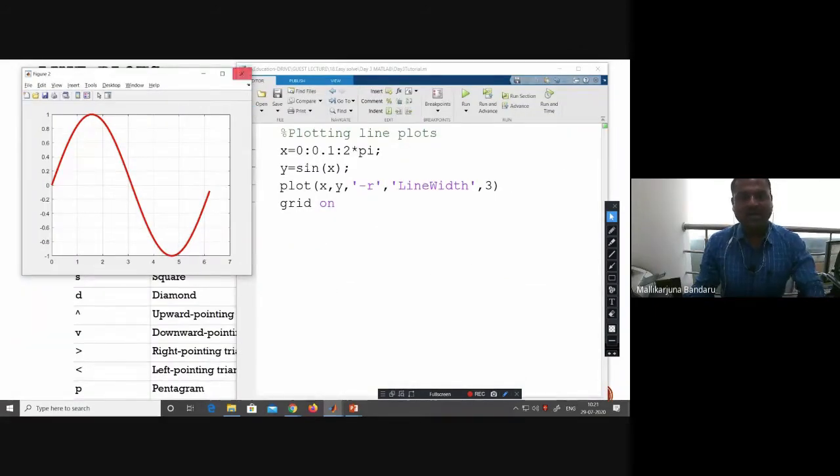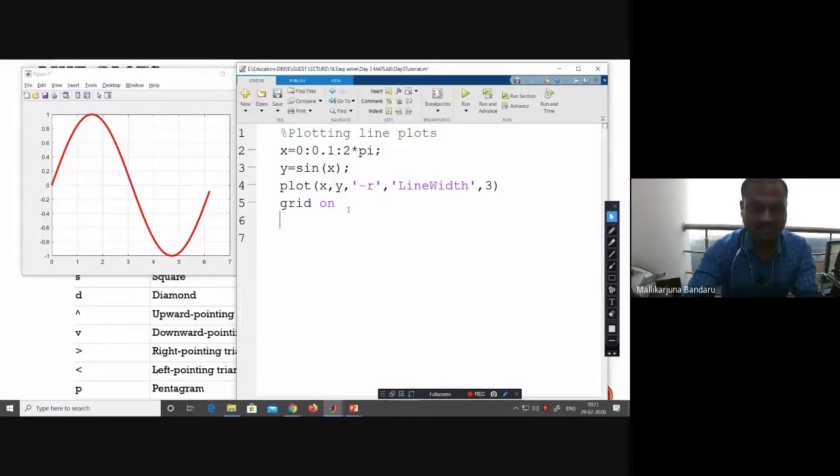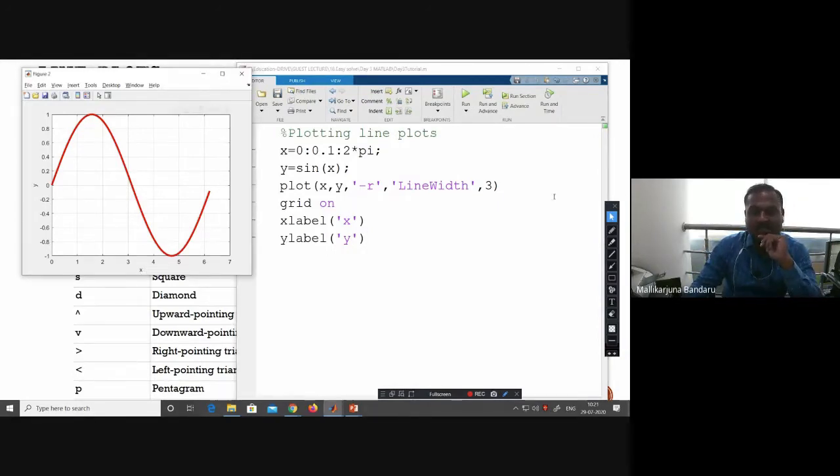Okay, so this is next. Suppose I would like to make the x label. The syntax is x label, simply the x-axis itself, and y label. Simply, I would like to make the y. Just run it. Observe here, x is appearing in the graph, and y is appearing in the graph.